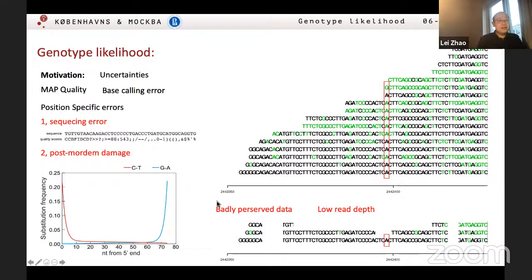Apart from that, ancient DNA is always badly preserved, so it has a very low read depth. Suppose I only give you, for this specific position, one short read A. How can you guess a diploid genotype, maybe AA or AG? You don't know. But based on the genotype likelihood, we can in principle solve this kind of problem.